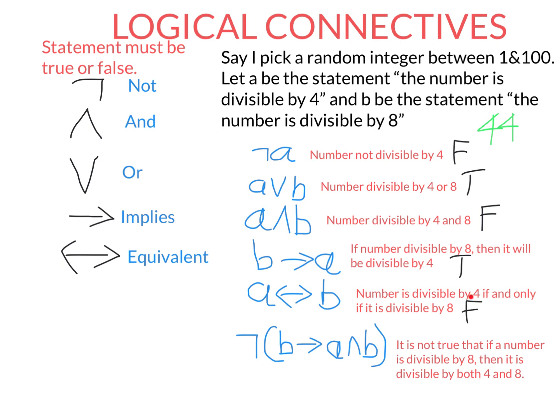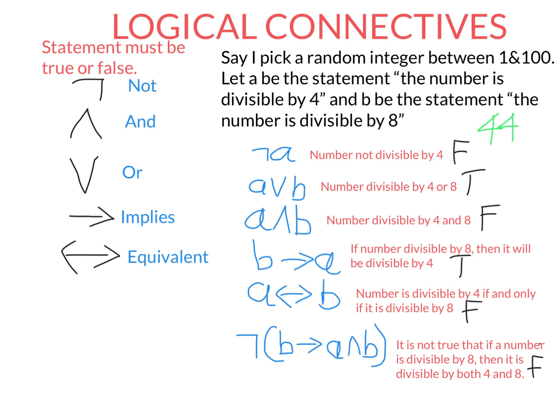Because a number being divisible by 4 doesn't need to be divisible by 8. This does not necessarily imply that. So for the last statement, that would also be false. If a number is divisible by 8, it will also be divisible by 4. B implies A and B.